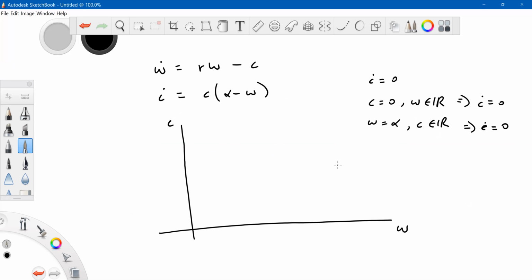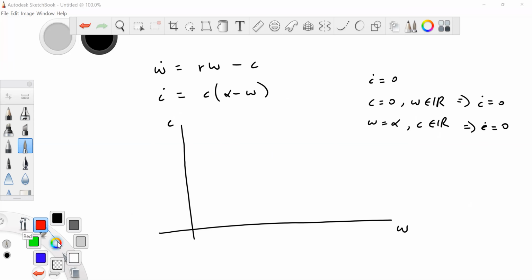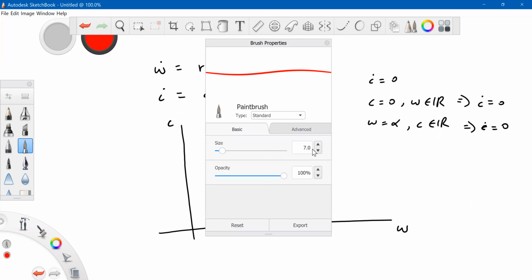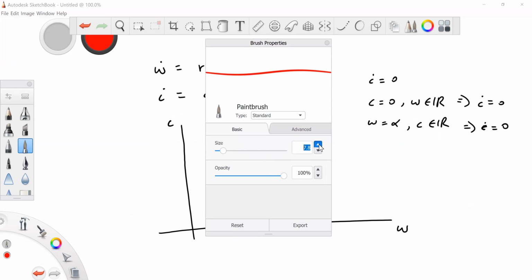So either I have this, so let me use the red one and increase the size.